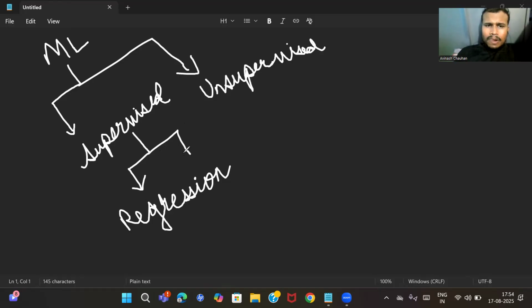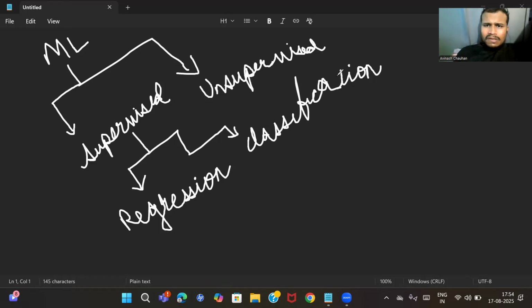First is regression, and the second one is classification.